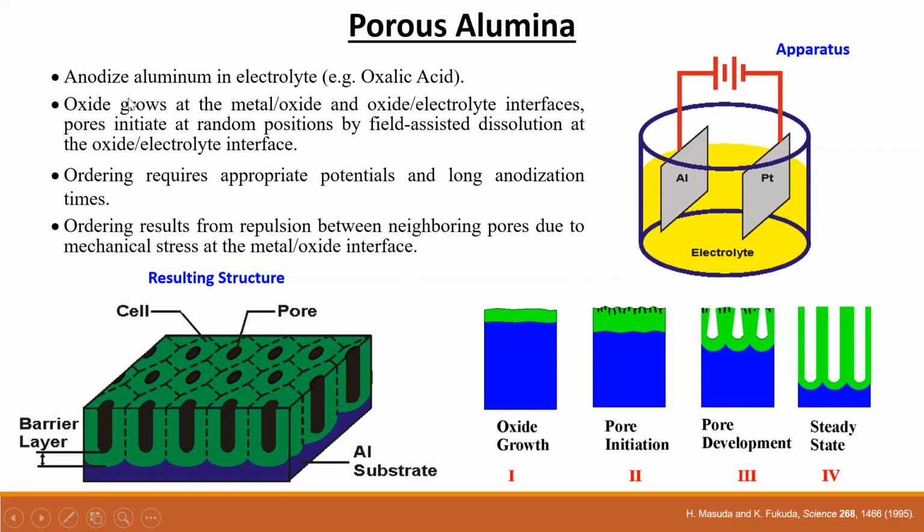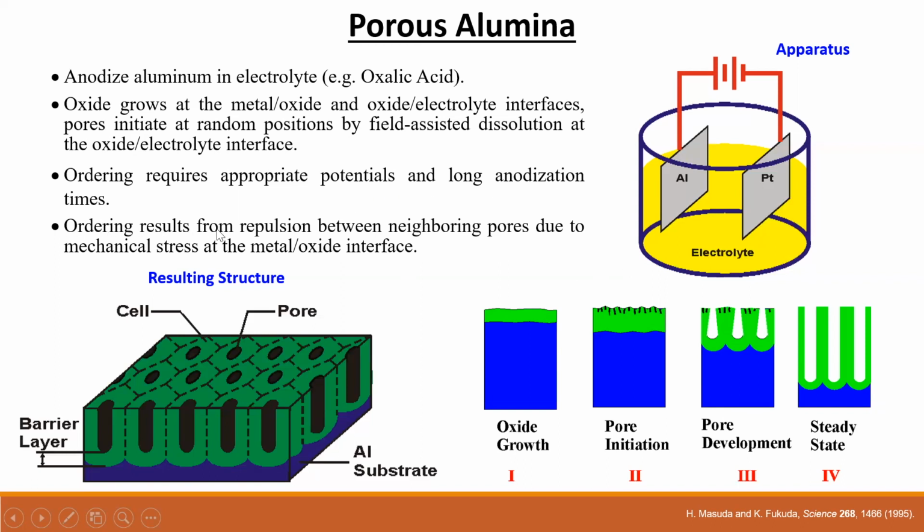So oxide grows at the metal oxide and oxide electrolyte interfaces. Pores initiate at random positions by field-assisted dissolution at the oxide electrolyte interface. Ordering requires appropriate potentials and long anodization times.